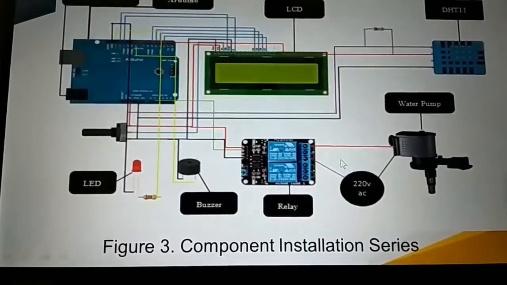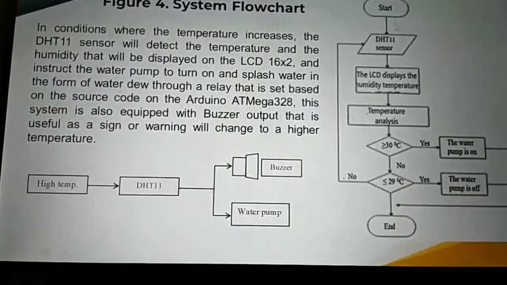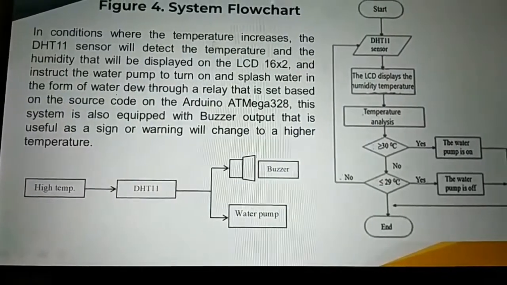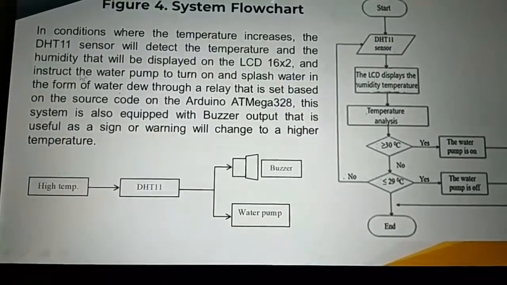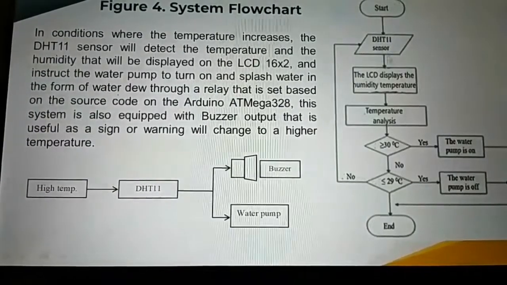Okay, continue. The system flow chart. We start from here. In the condition where the temperature increases, the DHT11 sensor will detect the temperature.